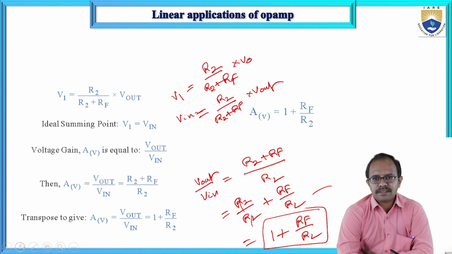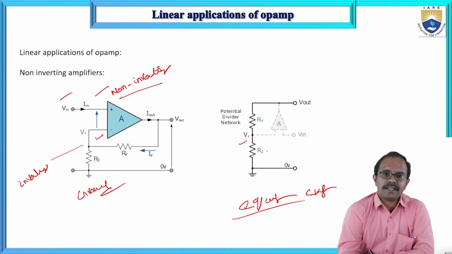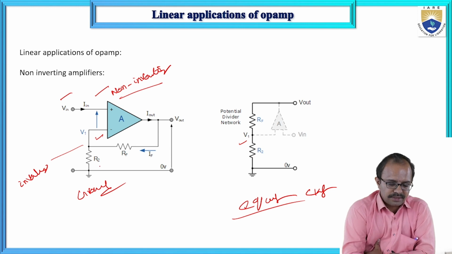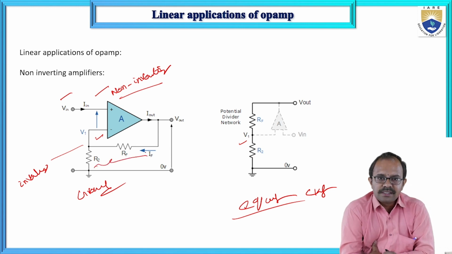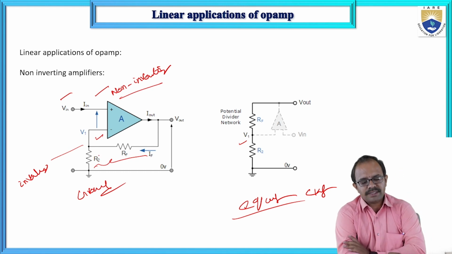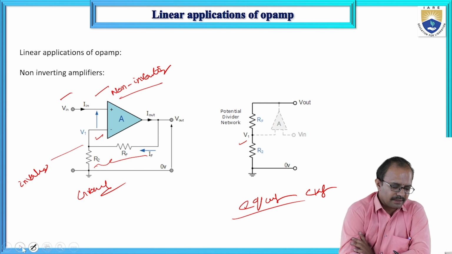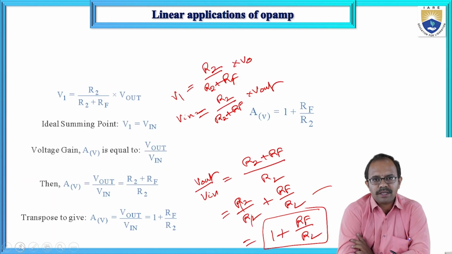Here it is the resistance connected in the circuit. There is a slight difference in the circuit arrangement for the non-inverting amplifier. Here we provide the feedback path, which forms a potential divider network between the output and the inverting terminal. So this is the circuit we have considered, and we get the gain expression 1 plus RF by R2.